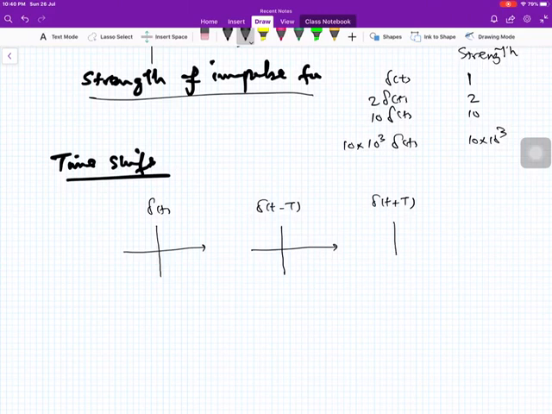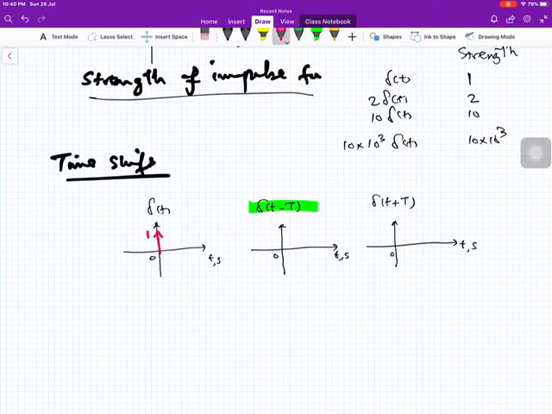I will consider unit impulse for simplicity, t in seconds, and t in seconds. This is in volts. So origin is here, and this is the unit impulse function. And delta t minus t means origin is shifted towards negative side.